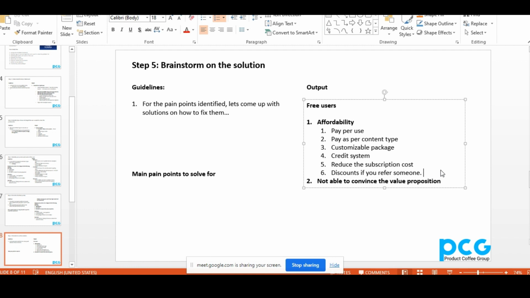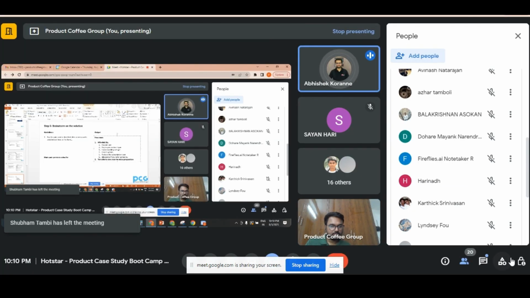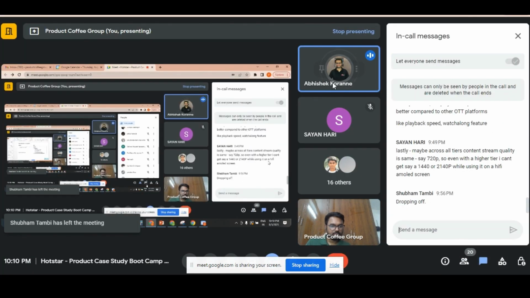Basically, it's a subset of reducing the subscription cost by doing something. It's a flavor. Any other things? Maybe tying up with the mobile carriers so that it gets into the monthly bills.